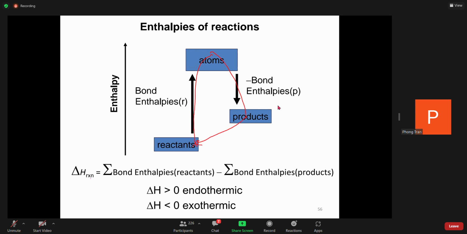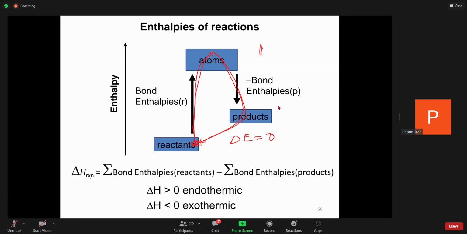So the total energy in this cycle, delta E, should be equal to 0, because I start from a point, I go wherever I want, but I return to exactly the same point. So the potential energy should be identical, which means the difference in potential energy would be 0.